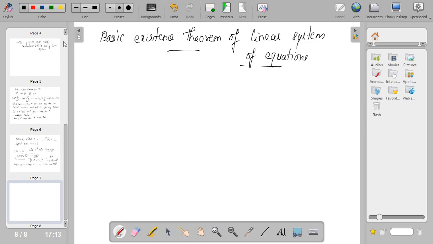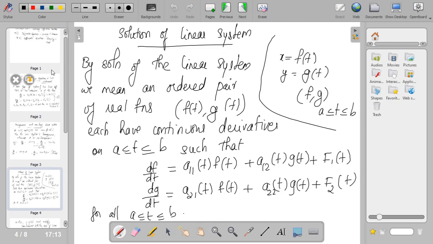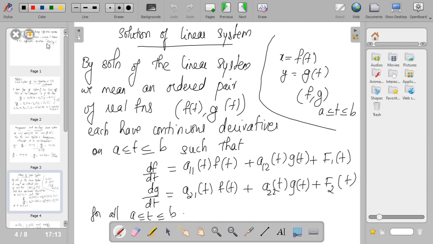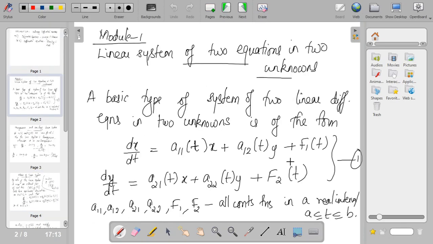Let's go back to the previous class. So this was a system we are having. I am using this equation again. That was equation 1.